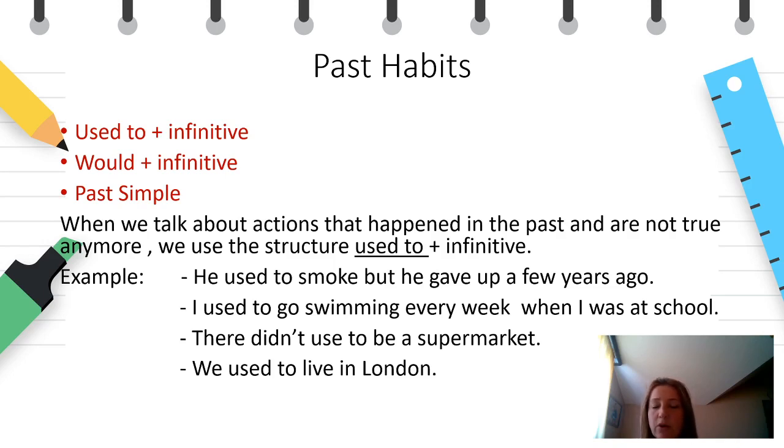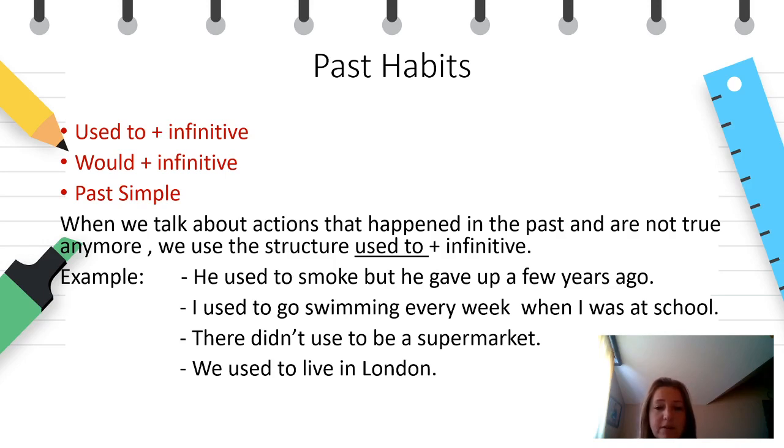When we talk about actions that happened in the past and are not true anymore, or we do not do the actions anymore, we use the structure used to plus infinitive.